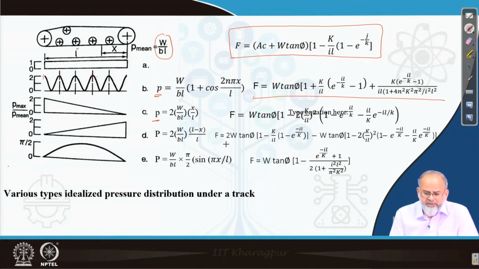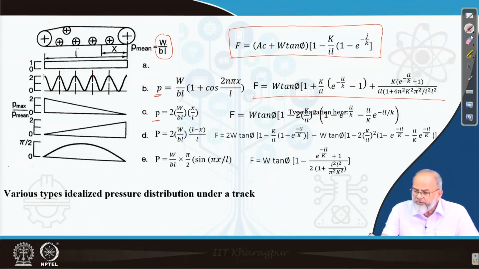These are all derived by integration, where the pressure distribution is substituted and then integrated, and finally the expression is given here.